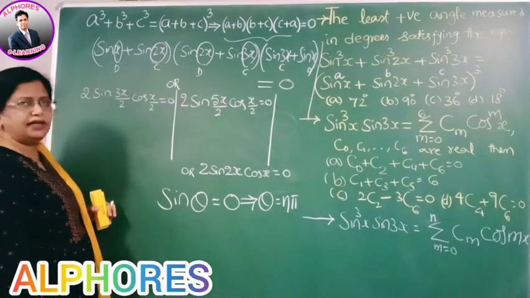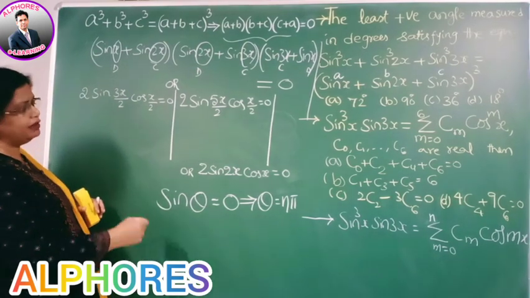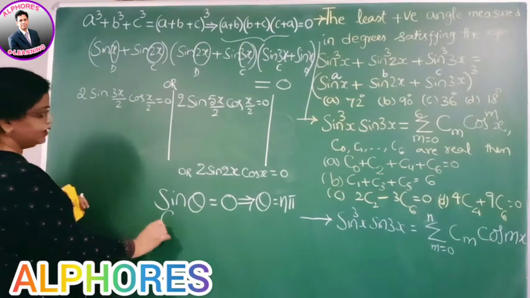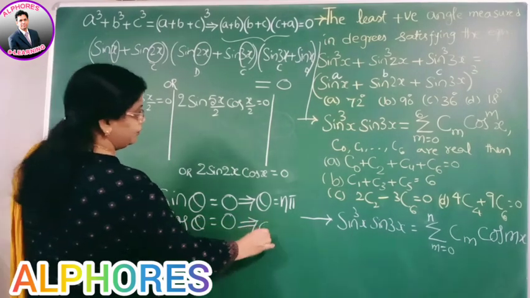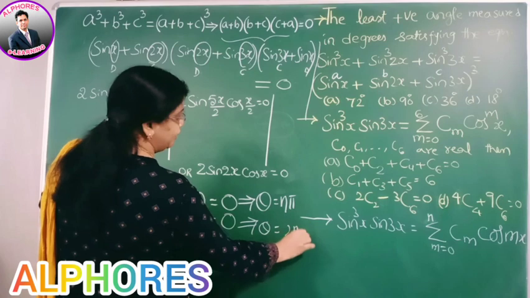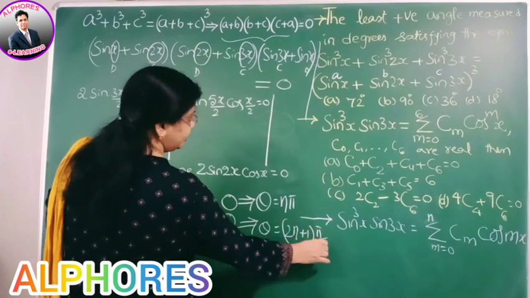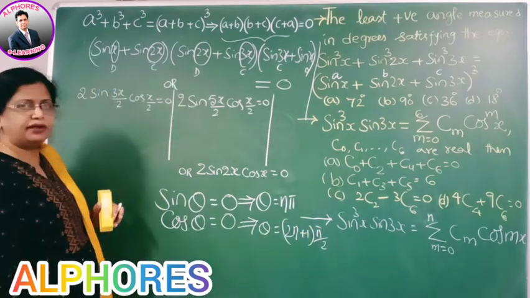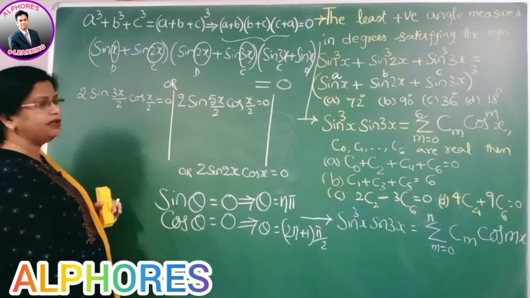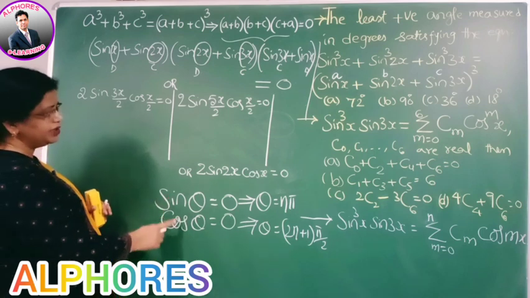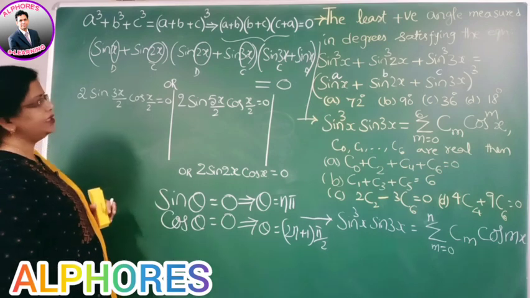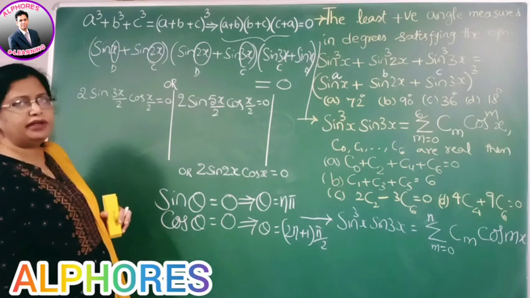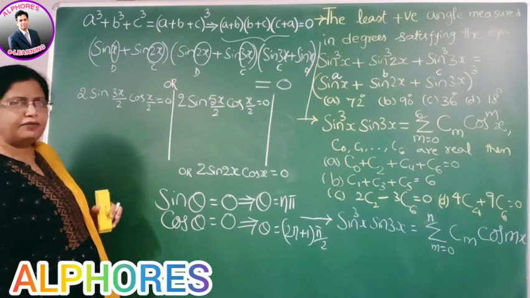When sin theta is 0, theta is n pi, n belongs to integers. And whenever cos theta equals 0, then theta equals an odd multiple of pi/2. You can write 2n minus 1, or you can write 2n plus 1, anyway you can write. So these are our formulae for sin theta 0 or cos theta 0. Earlier in trigonometric ratios and identities we have discussed.